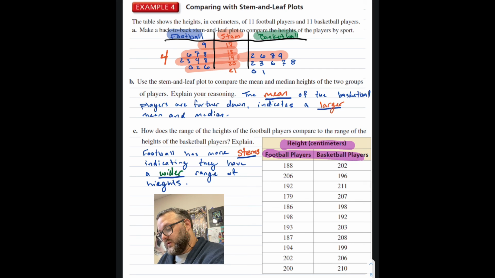So they have 4 stems. And basketball had this 20 and basketball had 21. So that means basketball only had 3 stems. There we go. So because football has more stems, it indicates it has a wider range, because it would have to touch into more categories to have more stems.